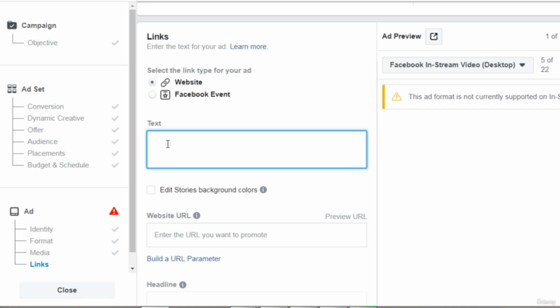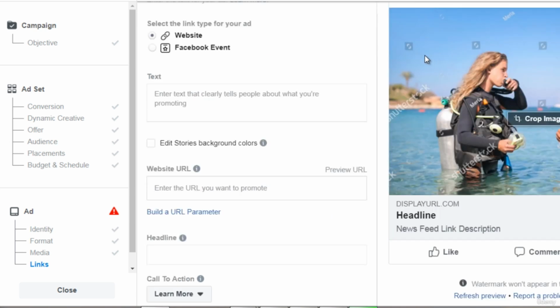So the text is essentially going to appear at the top of your image. If we take a look at one of the ad previews here, when you see the ad, it's going to appear above the image, this right here. The website URL that you want to send them to is going to be here, and the headline is going to be right here.